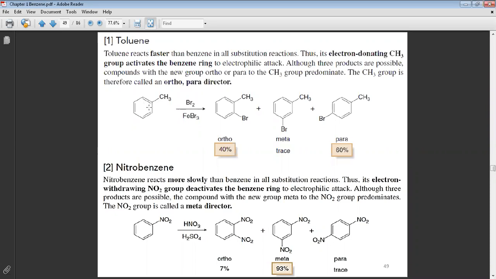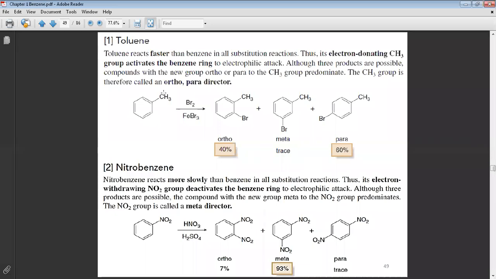The substituent activates the benzene ring toward electrophilic attack. Also, three products are possible. The alkyl group is an activating, electron-donating group.